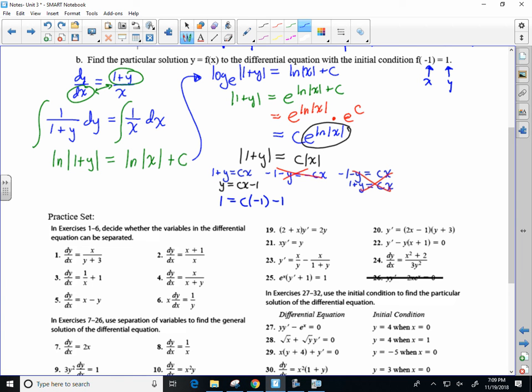Sorry? Why can we just drop the absolute value? Oh, the absolute value, yeah.